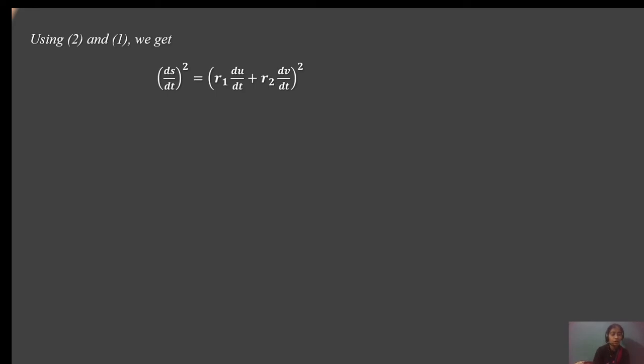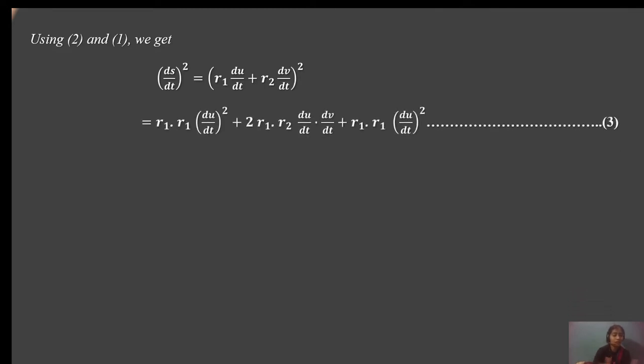Using equations 2 and 1, we get (ds/dt) square equals (r1 du/dt plus r2 dv/dt) whole square. Then, expanding to the form r1 into r1 (du/dt) square plus 2 r1 into r2 du/dt into dv/dt plus r2 into r2 (dv/dt) square.